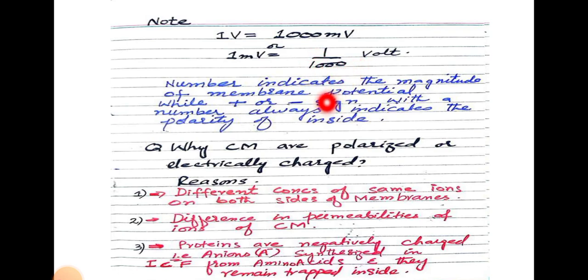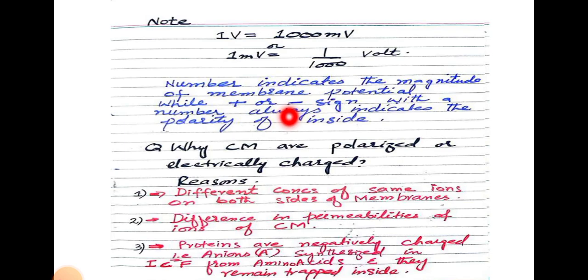The voltage or potential difference that is created across the membranes is very low. The number always indicates the magnitude, and the sign that is present with the magnitude represents the polarity of the inside, and it is a sort of convention.